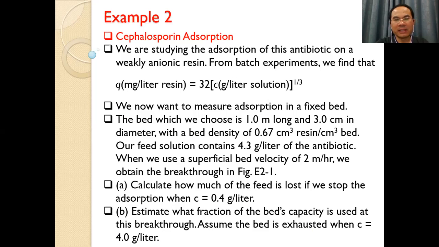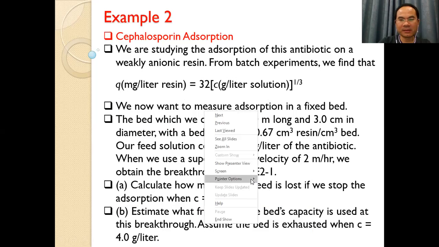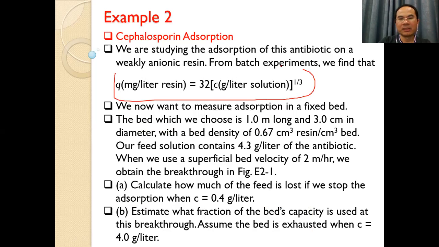For this case, we also know the isotherm or equilibrium relation: Q equals 32 multiplied by C to the power 1/3. The unit of Q is milligram of solute per volume of adsorbent, in this case the resin. C is the mass or moles of solute per volume of solution.